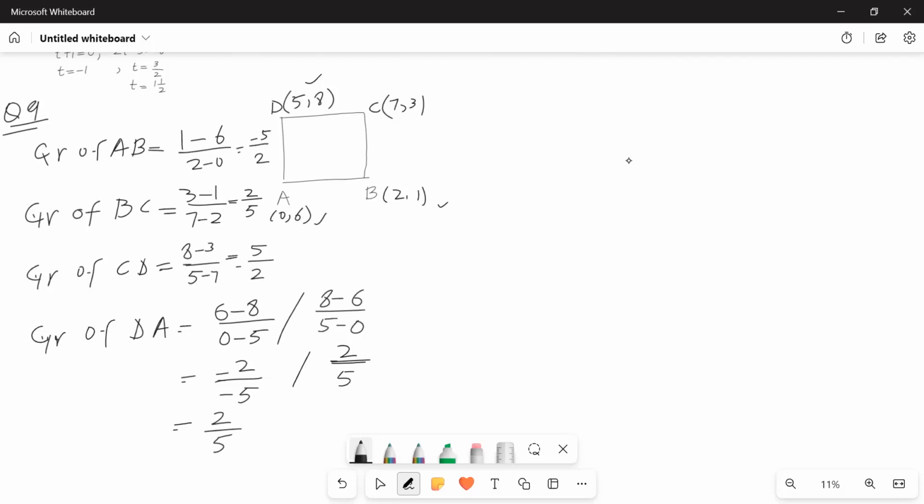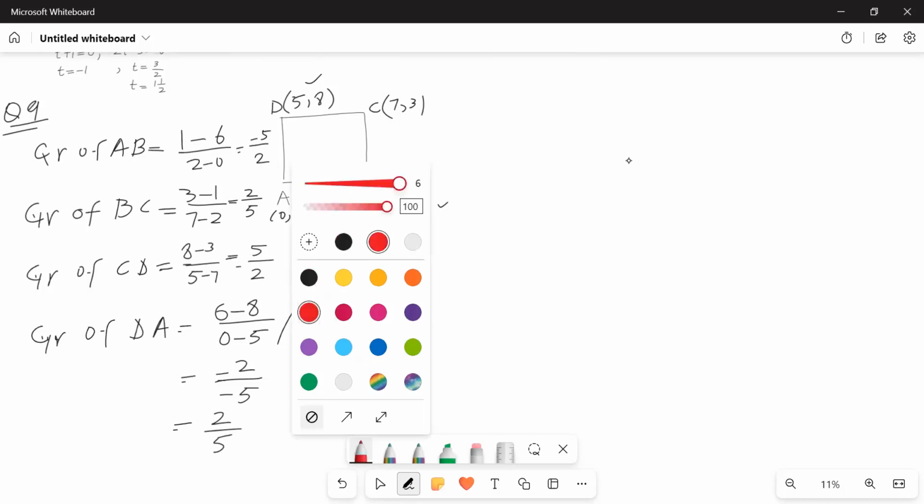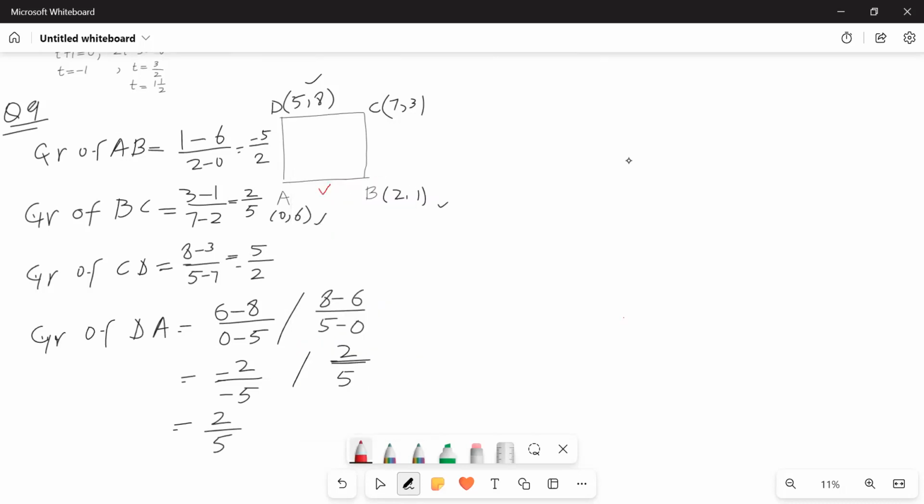Look here, these are opposite sides. AB is opposite to DC and DA is opposite to BC, right?